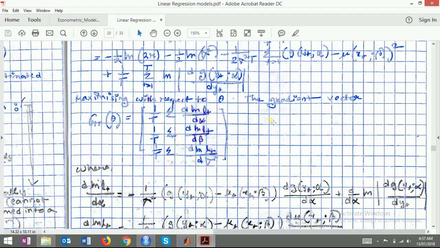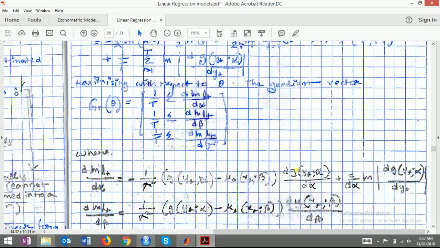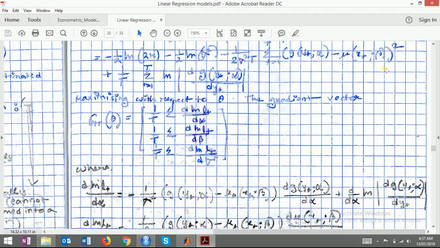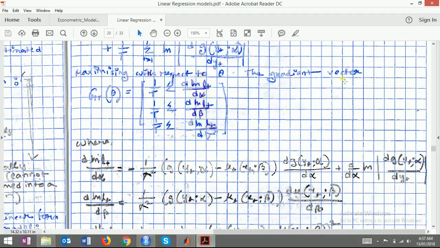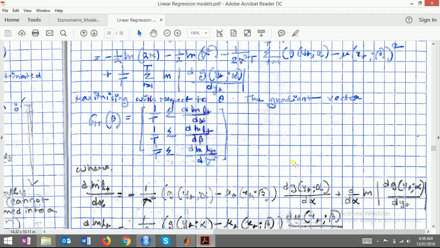So this is simply the second form of the equation, where the first form of the equation is when we concentrate out this portion. Then d by d beta of log LT, because in the second form we don't have beta.